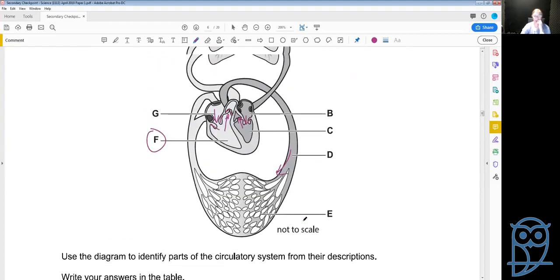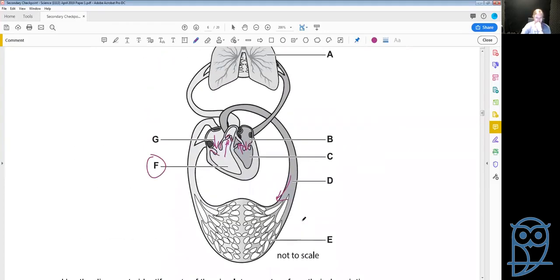The part where the blood is at its greatest pressure, that is actually over here right after it exits the heart. But in terms of this, we could actually say, I said G here because it's this little atrium here, but I actually have no idea which one they want.